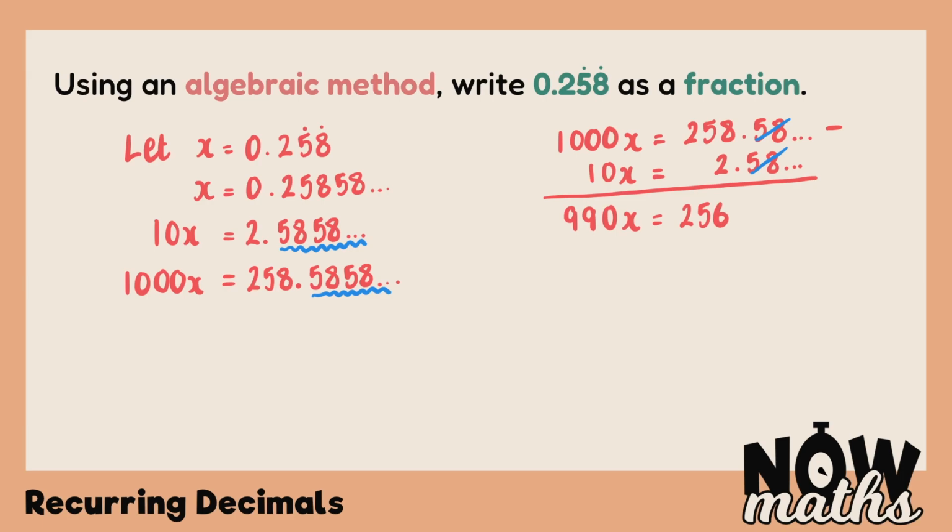Now to solve this equation, we divide by 990. So we end up with x on the left and 256 over 990 on the right. So our fraction is 256 over 990.